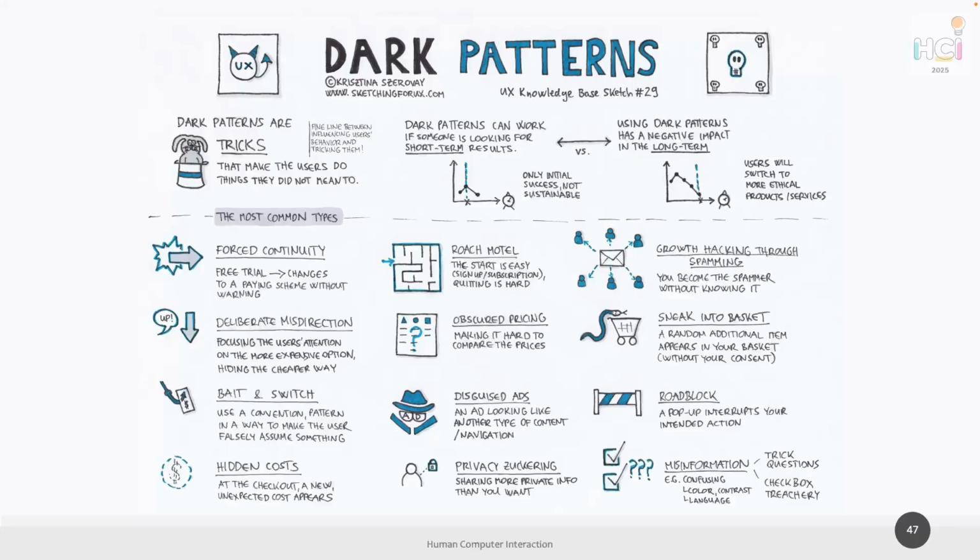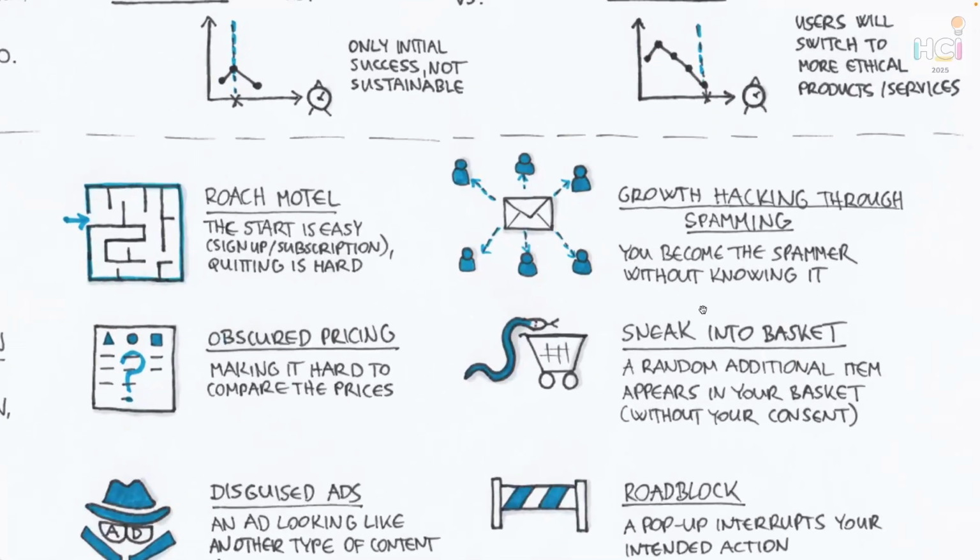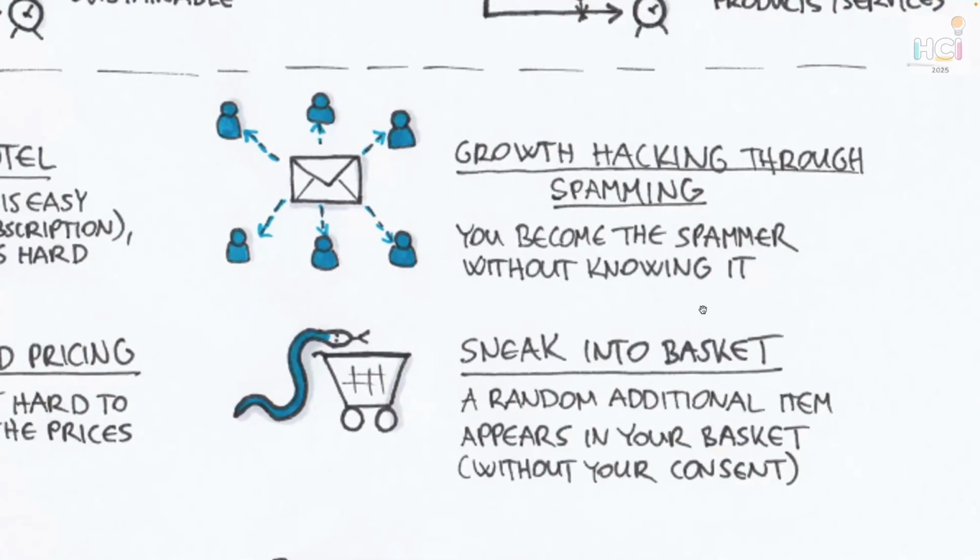researchers and practitioners have typically focused on dark patterns that lead to financial and privacy harms. For example, the original taxonomy of patterns proposed by Brignall include sneak into basket, which is a pattern where an e-commerce website adds an item in your basket even if you never selected it.